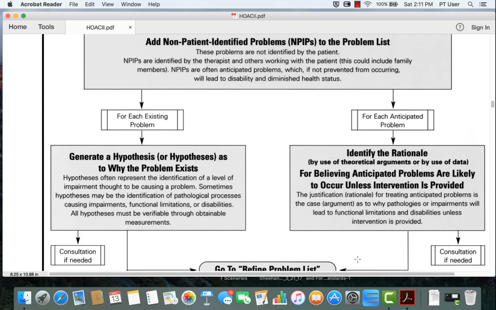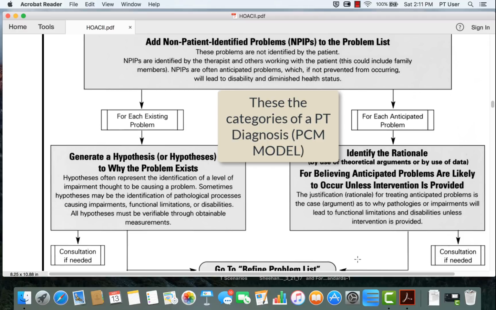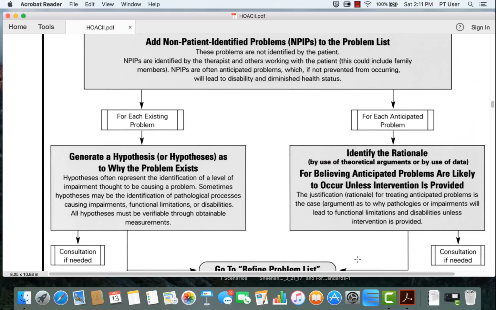So what you're going to do as a physical therapist within the process of managing patients is you're going to come up with a PT diagnosis. Now, what the HOAC model does, which I think is good and important to emphasize, especially as you're learning about managing and working with patients, is they create 2 different types of hypotheses.